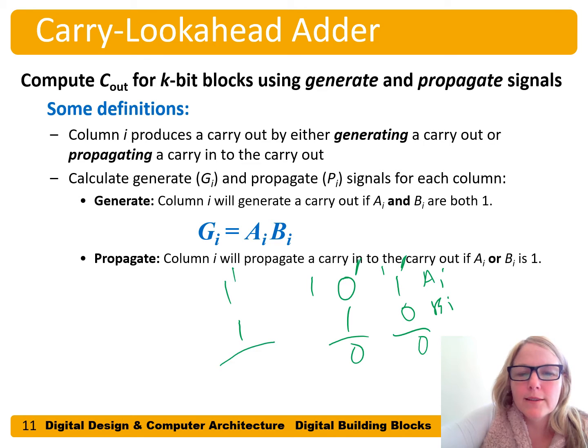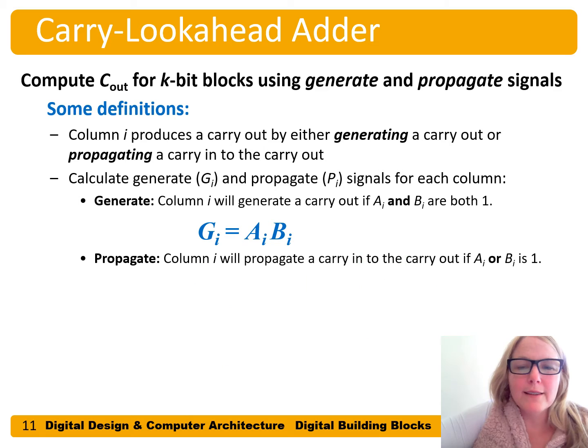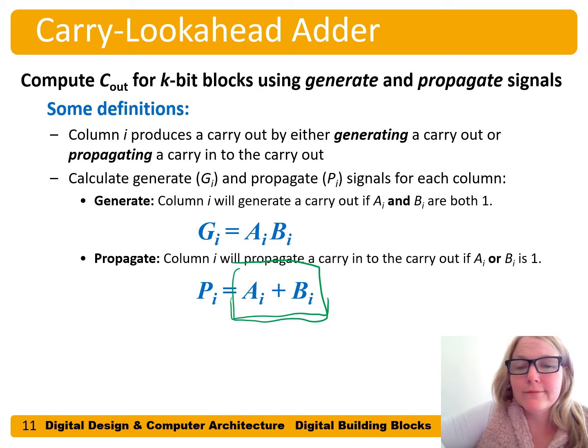A carry coming in is definitely going to generate a carry out on that, so we actually have an overlap case there. So we can write this as P sub I is equal to A sub I or B sub I. So column I will propagate a carry coming into it if either A sub I is true or B sub I is true.